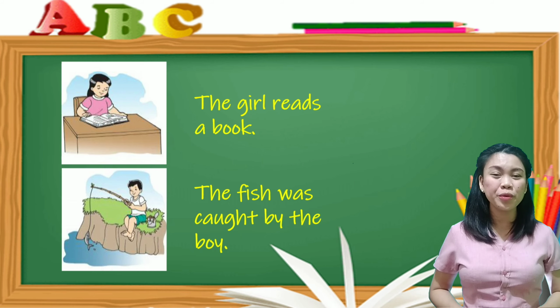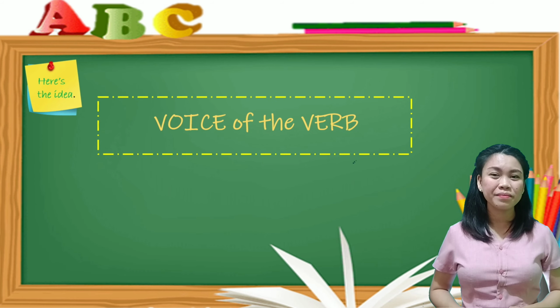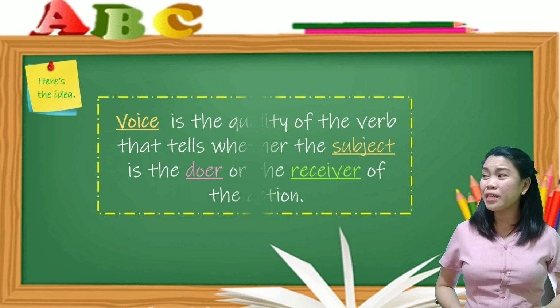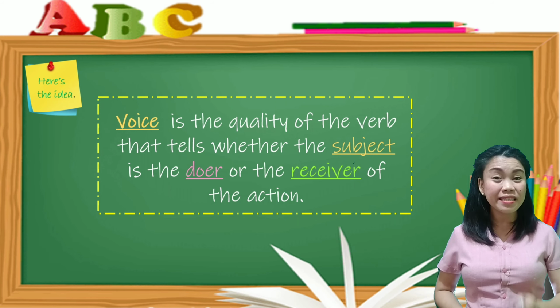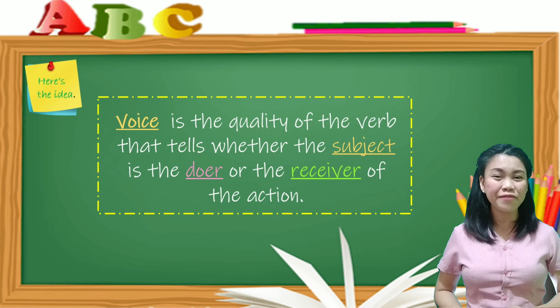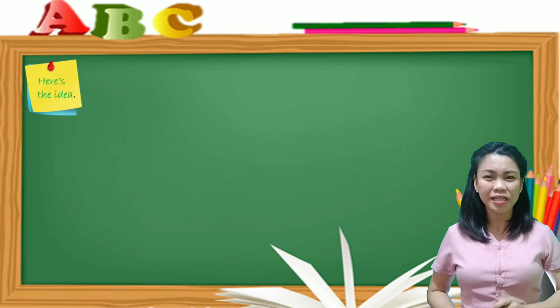Now, the topic that we are going to talk about this morning is the voice of the verb. Voice is the quality of the verb that tells whether the subject is the doer or the receiver of the action. In English, there are two types of voice.